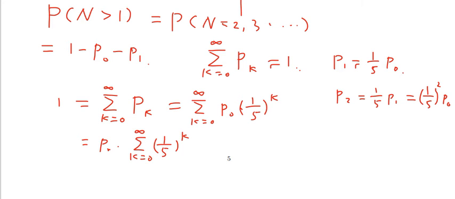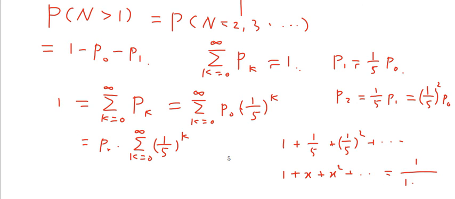What is this number? It is 1 plus 1 over 5 plus 1 over 5 squared, and so on. Here we need this formula: 1 plus x plus x squared and so on equals 1 over 1 minus x, when x is less than 1. We just plug in x equals 1 over 5.